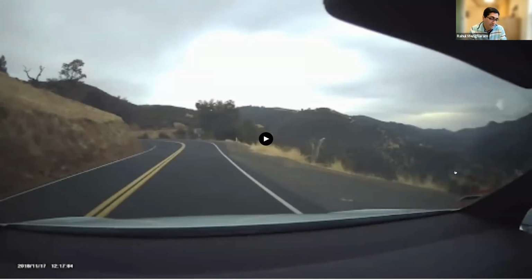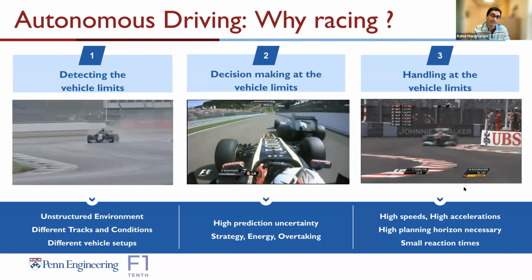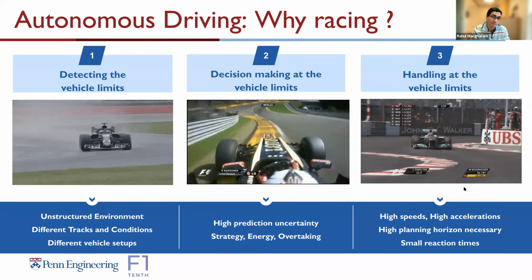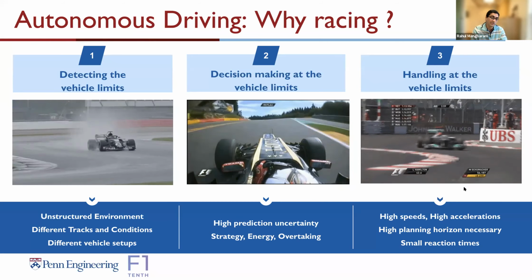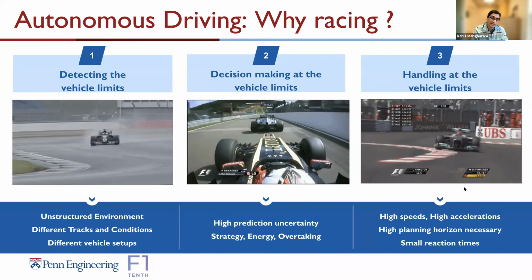And this is a slide from Johannes, actually, since he's the racing buff here. This is essentially showing why we focus on autonomous racing, because we want to look at how we do all of this at the limits of performance, at the limits of perception, planning, and control. Racing is an unstructured environment.